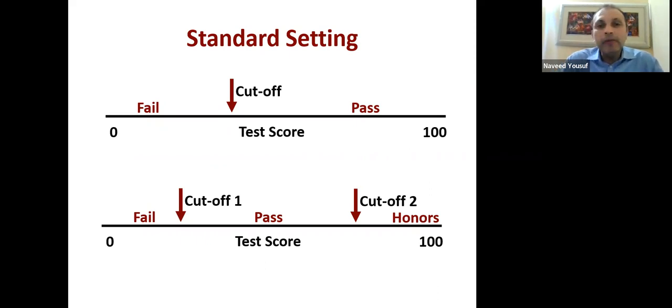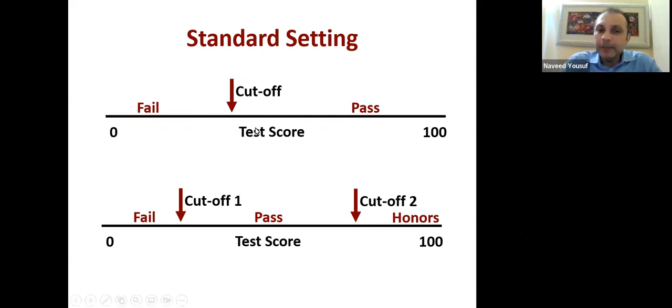However, now if you want to classify who should be promoted, who should be graduated, who should be certified, who is qualified enough, competent enough to be licensed to practice, where is the cutoff? Where is the threshold? And how are you going to determine this valid cutoff is the question which we will discuss in the session today.